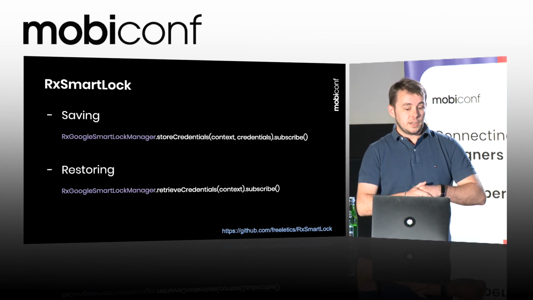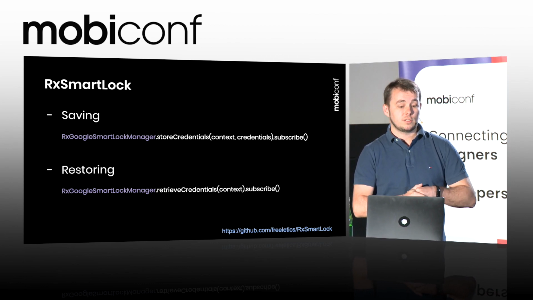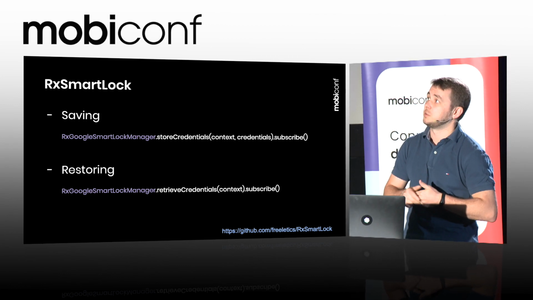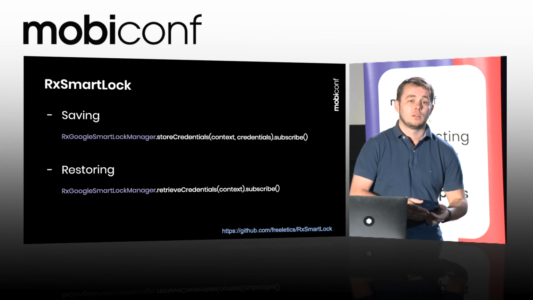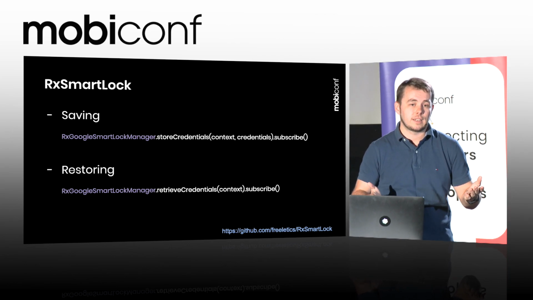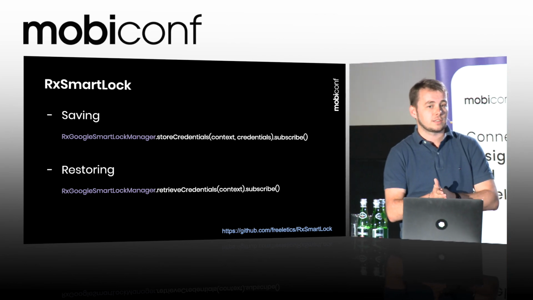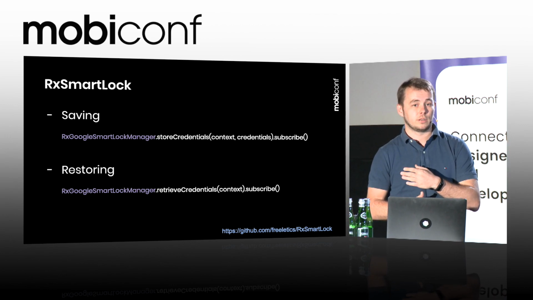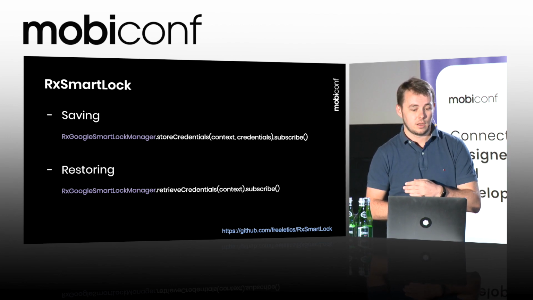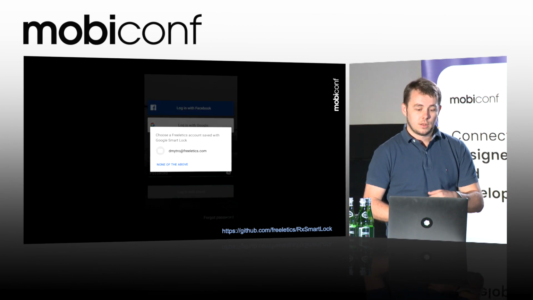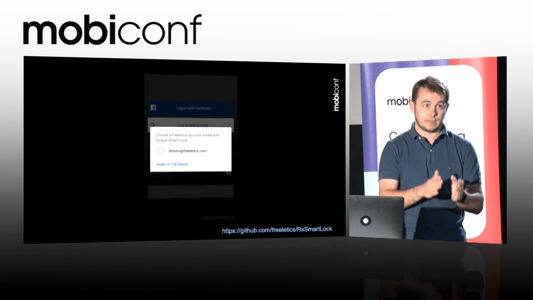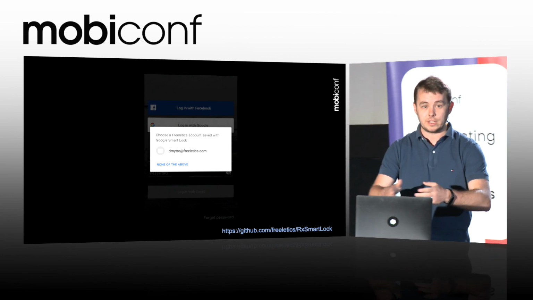In order to retrieve stored passwords, what we need to do is call the function retrieve credentials and subscribe to it, and we'll get it. In case of success, we'll get the stored credentials, and after that we just proceed with a regular sign in. This is how the dialog, again a native dialog from the credentials API, would look.